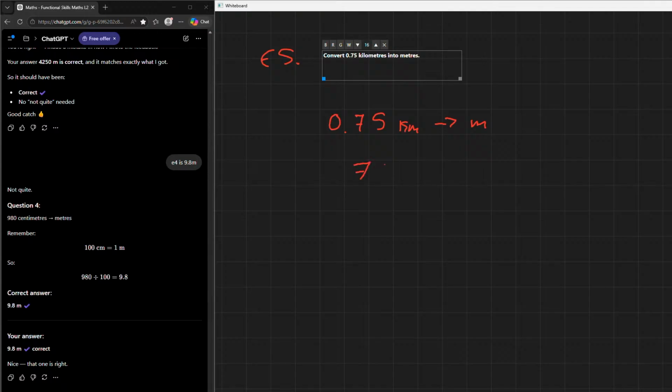So if we have 75 times 1,000, that's what it's gonna be. But I know I have 0.75, and then it's 1, 2, 3. So it's gonna be 750 meters.